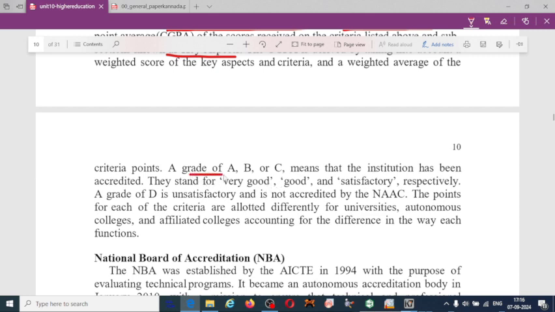A grade of A, B, C means that the institution has been accredited: very good, good or satisfactory, the terms have been given respectively. A grade of D is unsatisfactory. So these three overall we can consider.